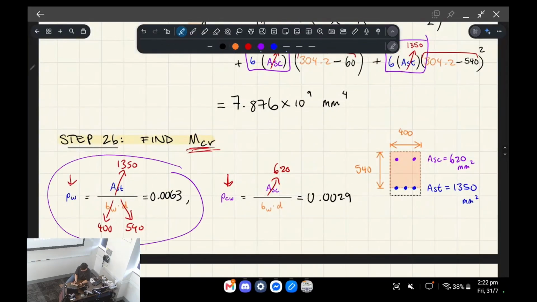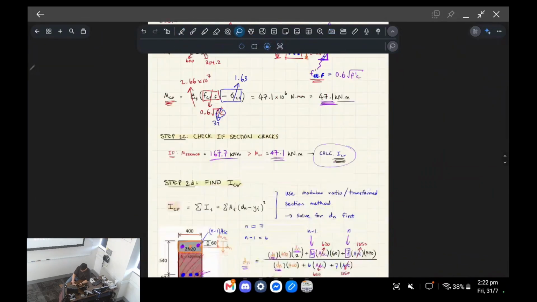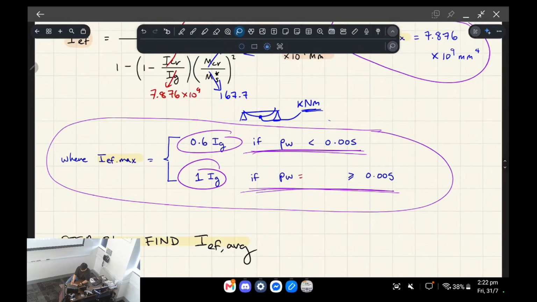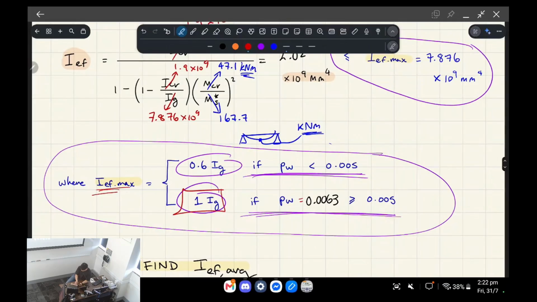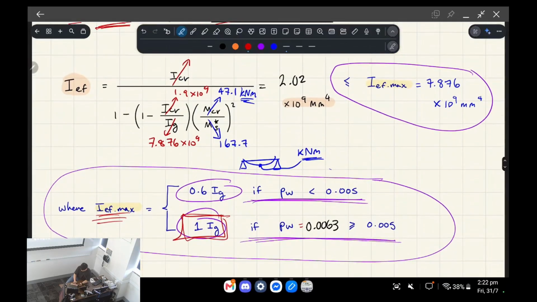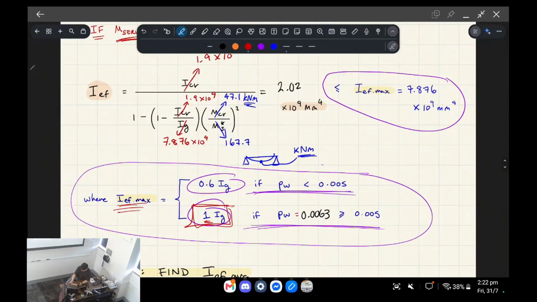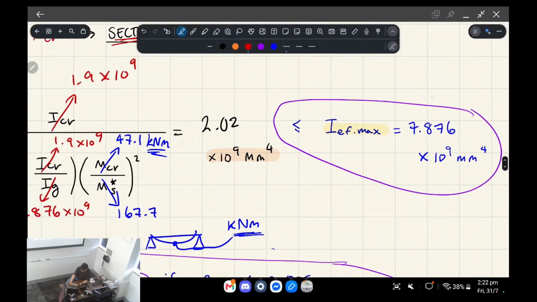It's this value here, 0.0063, okay? And we're going to chuck it into this if statement. We'll see that it's greater than 0.005, and therefore we're going to use an IEF max value of just 1 times the gross moment of inertia. Okay, so that's just the same thing as IG.